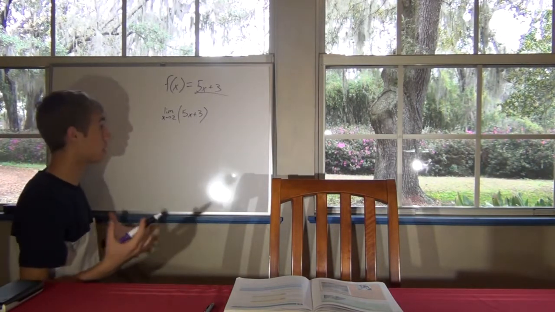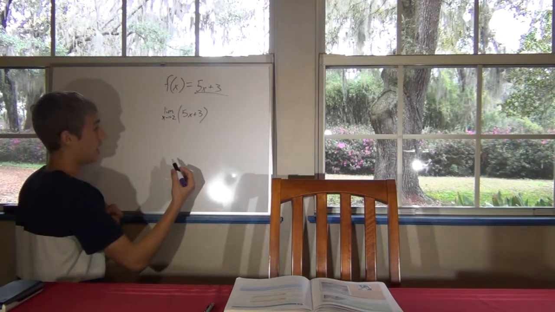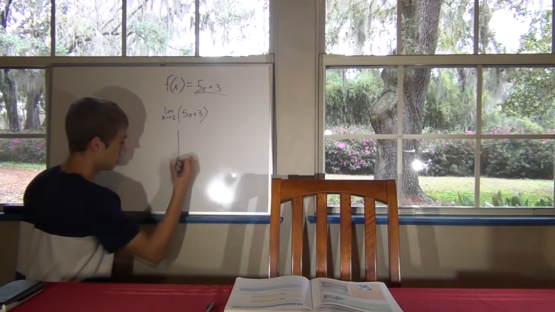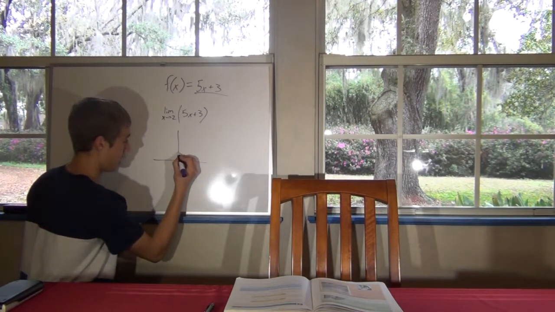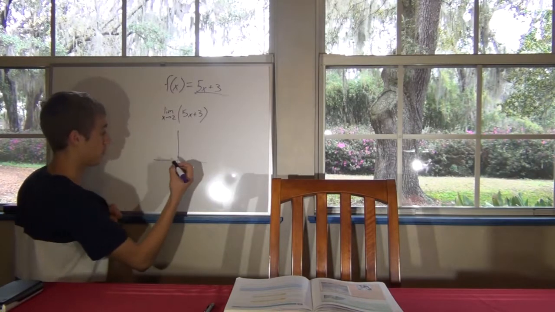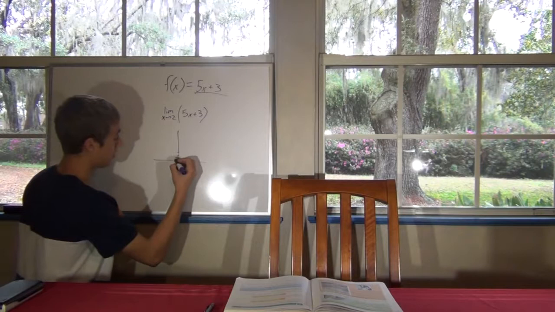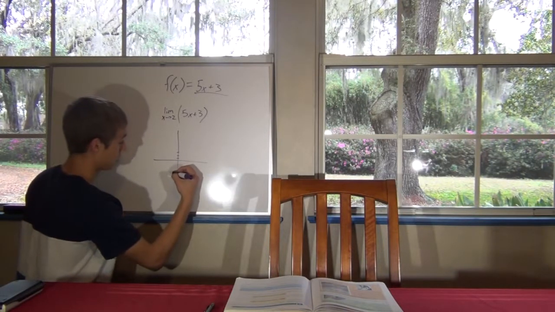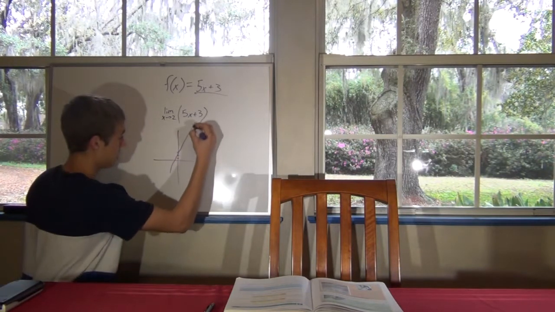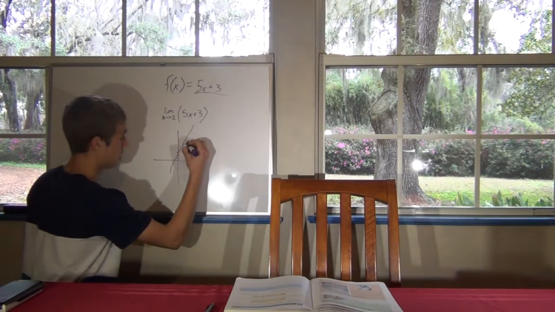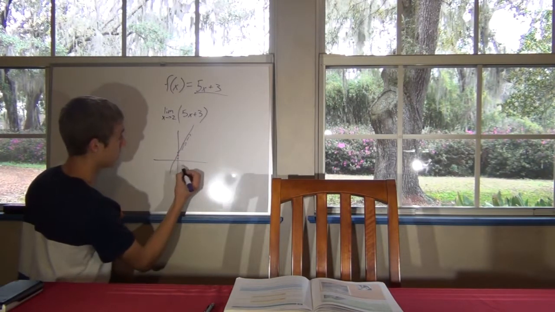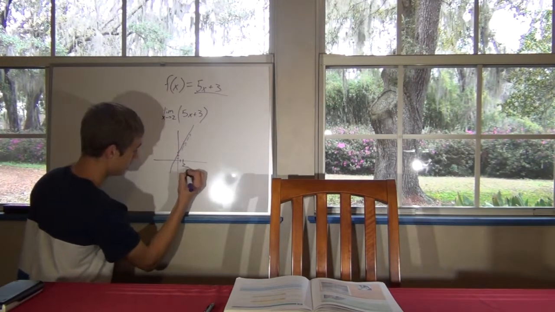Well, it's pretty straightforward, because as you see, you've got your line. It starts with a y-intercept of 3, 1, 2, 3, and then it's going to be moving upwards at a rate of 5. So, pretty steep. Then you just follow this line along until you hit where x equals 2.